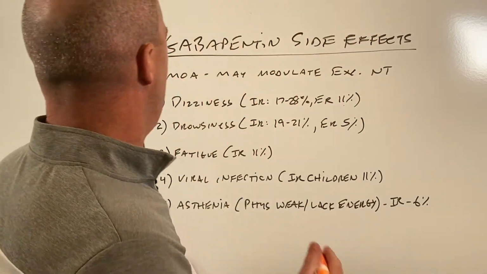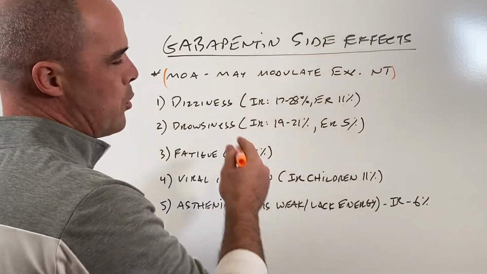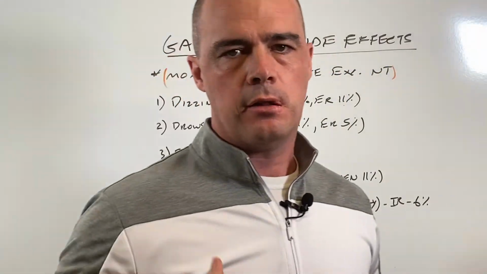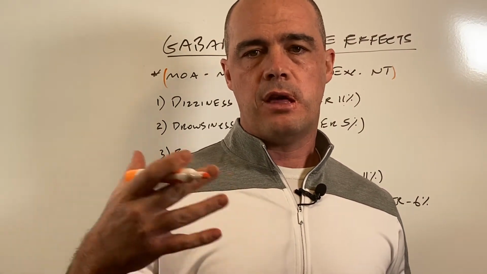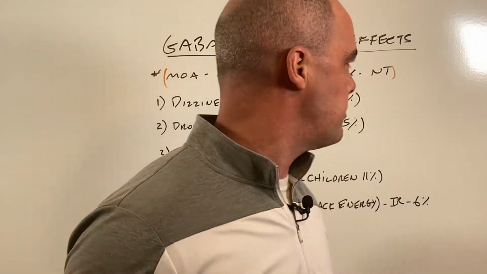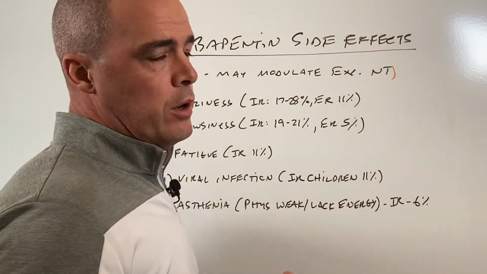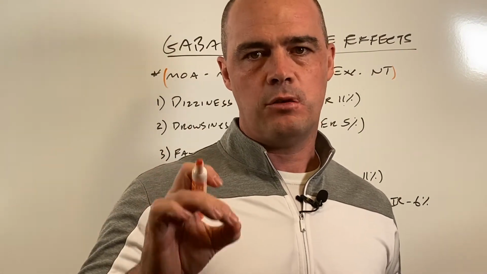First of all, I like to pay a little attention to MOA, mechanism of action. Let's look at how we think gabapentin works in the body. That will make more sense as to what side effects you may possibly see from it. First of all, we don't really know for sure exactly what it does.